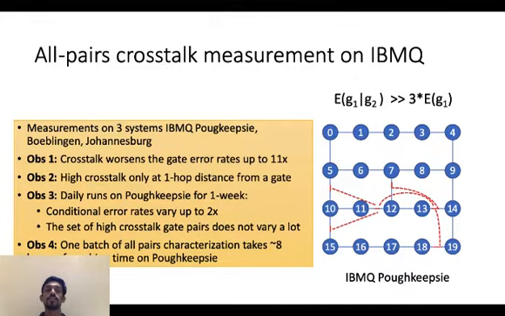Finally, gathering all this data is very time consuming. So on this system, it takes about 8 hours for a full crosstalk characterization experiment. And I want to stress that this is 8 hours of quantum machine time when the system is not available for any useful compute workload. So first, we want to reduce this overhead.